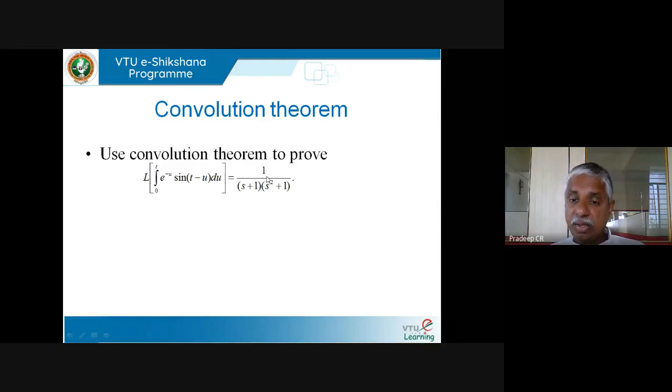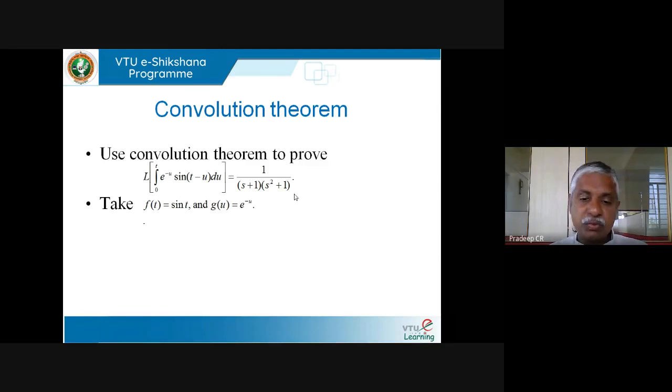I can write this as 1 by (s plus 1) into 1 by (s square plus 1). Why did I do this? 1 by s plus 1, I can say whose Laplace it is, and 1 by s square plus 1, I can say whose Laplace it is. That's what I will do.